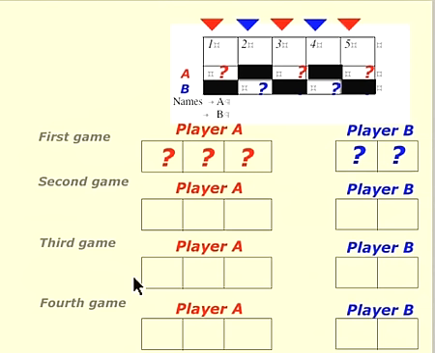The first task is: what's the A player going to do? What's the B player going to do? What am I going to do, and what's the other player going to do? Actually, that second question is really the second level, because not only do I want you, Sebastian, to fill out your red boxes and think about what the A player is going to do, I want you to think about what the B player is going to do. The same goes for the people over here: think about what the B player is going to do and write it down.